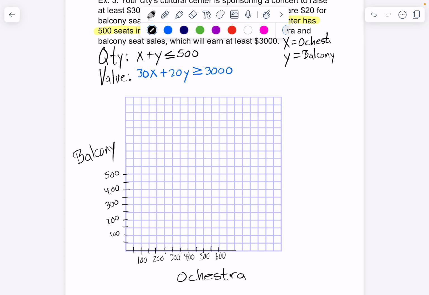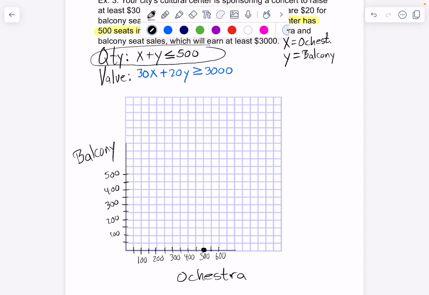Okay, so first things first, let's find the X and Y intercept for the quantity equation. When Y is 0, the X-intercept is 500. I can have a max of 500 orchestra seats if I don't have any balcony.